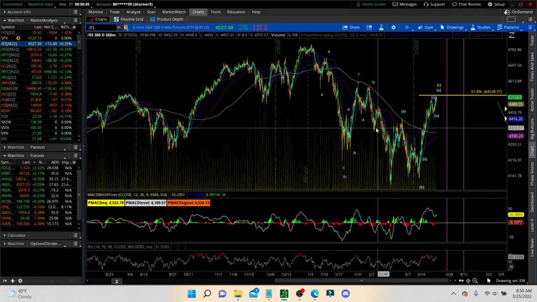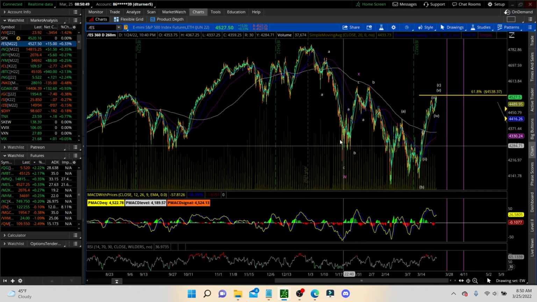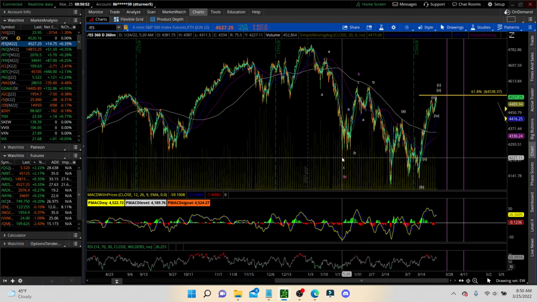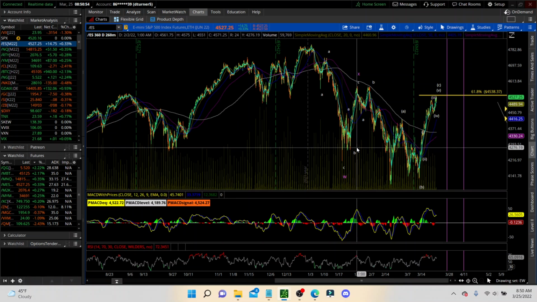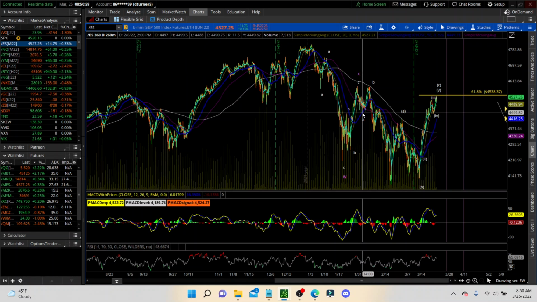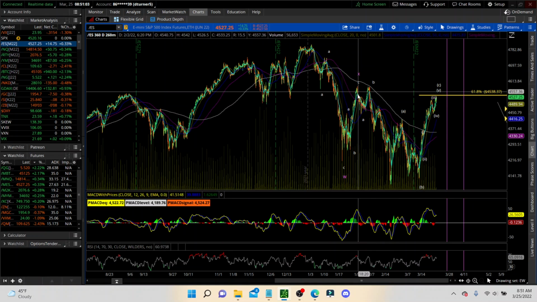So what might happen is if we get this, it might be very similar to this move here, to where when we get down to that C, we had an A, B, C move, but then you see the A, B, C down. So it's almost like a 1-2 here, if you want to consider it that, but retesting the highs.